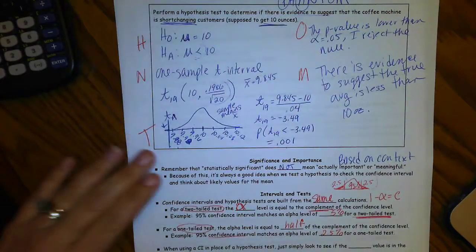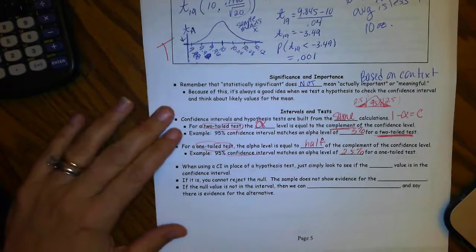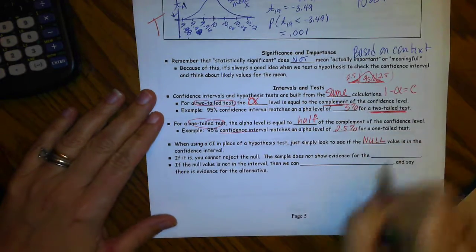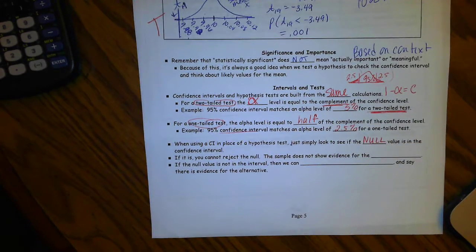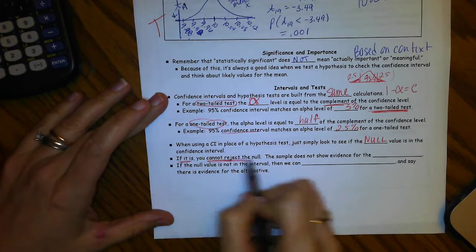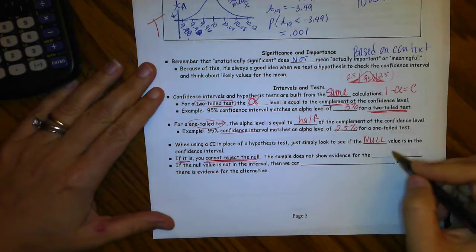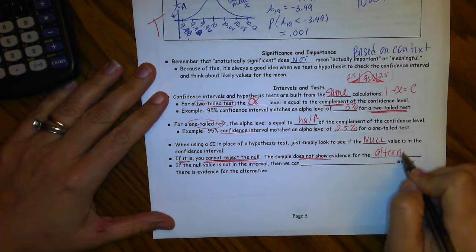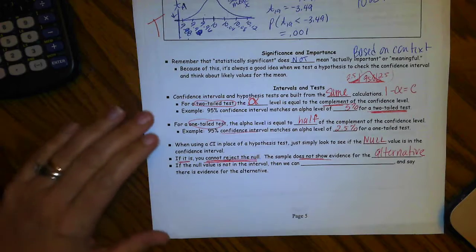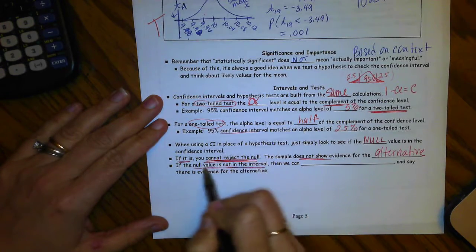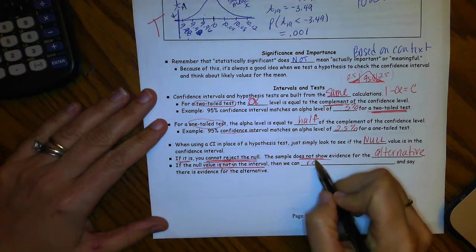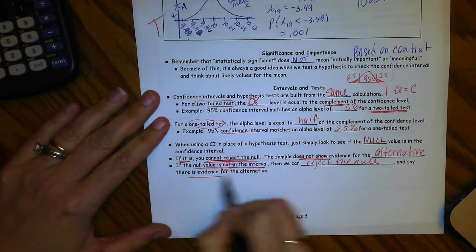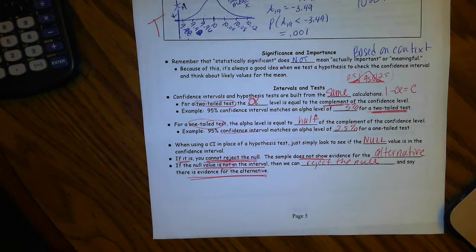When using a confidence interval in place of a hypothesis test, just simply look to see if the null value is in the interval. If it is in the interval, you cannot reject it, or the sample does not show evidence for the alternative. If the null value is not in the interval, then we can reject the null and conclude that there is evidence for the alternative.